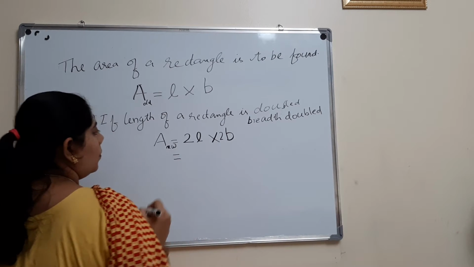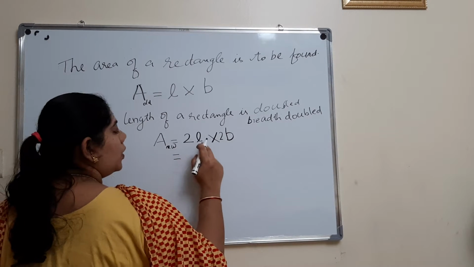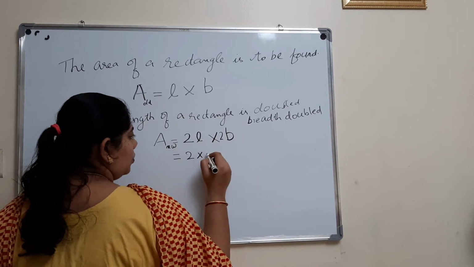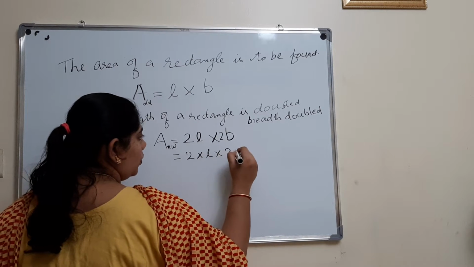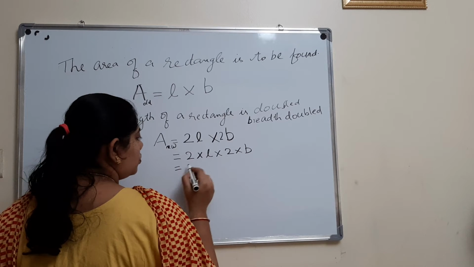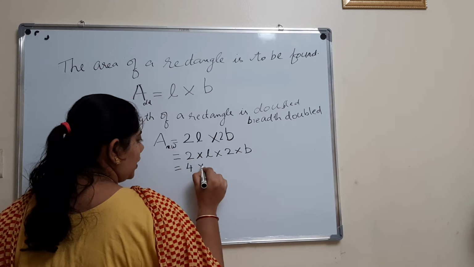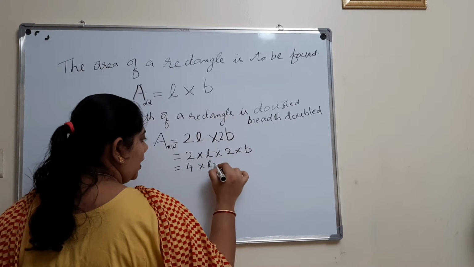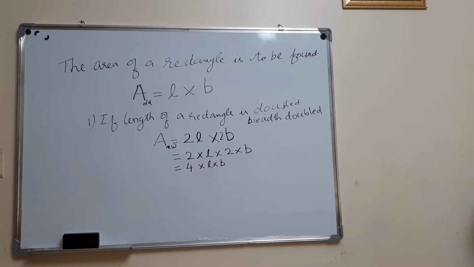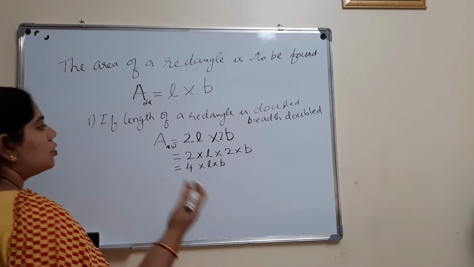Now, here 2 into L, 2 into L into 2 into B. That means 2 into 2 is what? 4 into L into B. We can write like that because 1 into 2 and 2 into 1 are same.